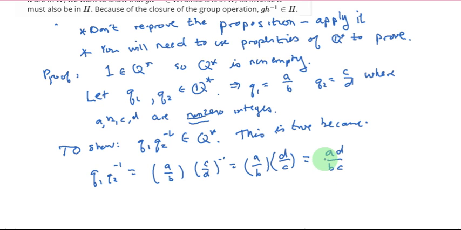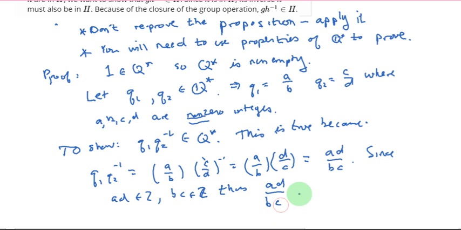All right. Okay. Now, since ad is an integer and bc is an integer, thus ad over bc, sorry, is a ratio of integers.